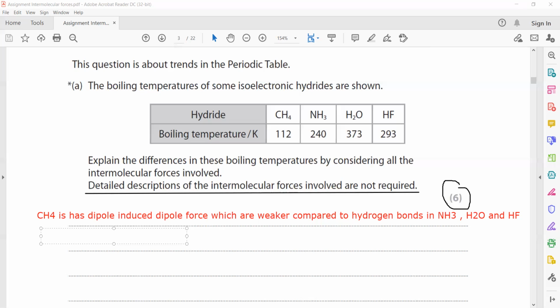And then you will compare that, because they have the same number of electrons, they are isoelectronic, even though hydrogen bonding is there, other than hydrogen bonding there will be London dispersion force or dipole-induced dipole force with the same strength.